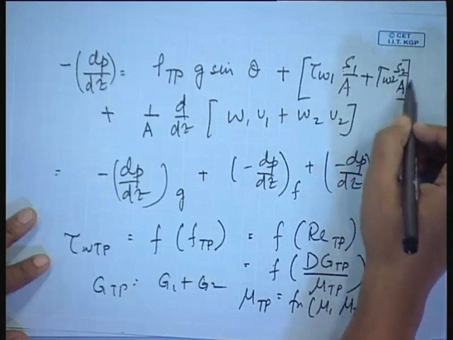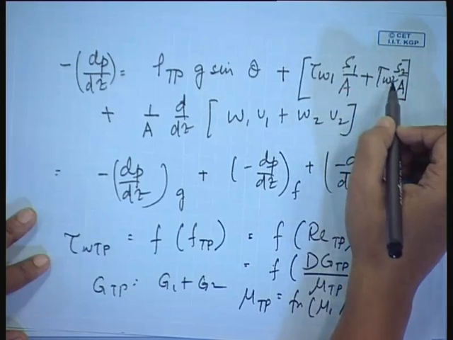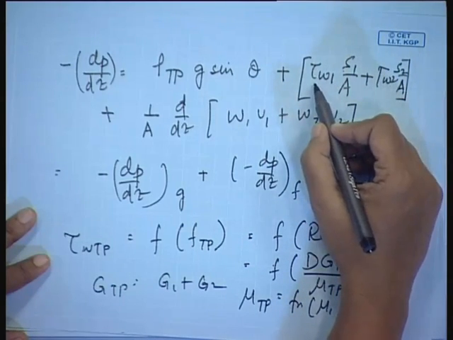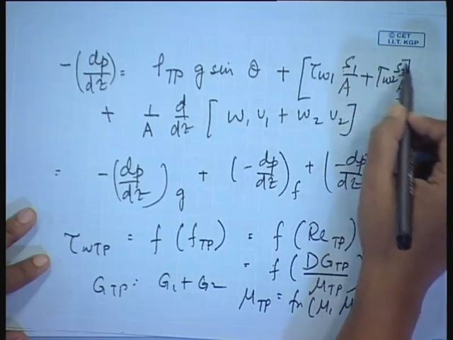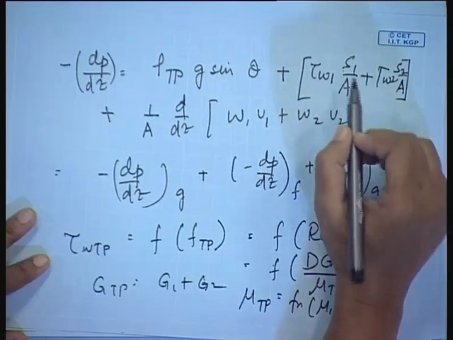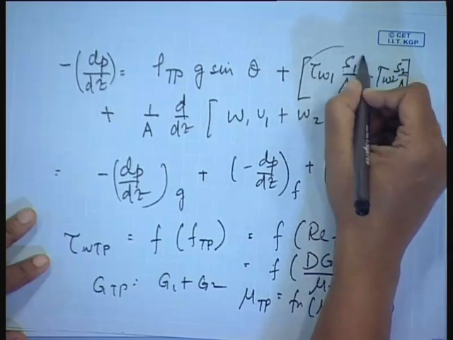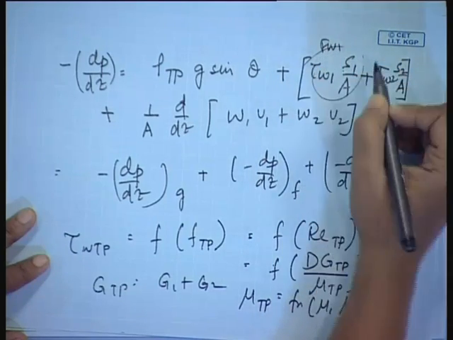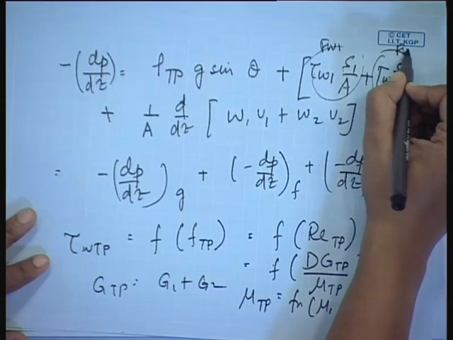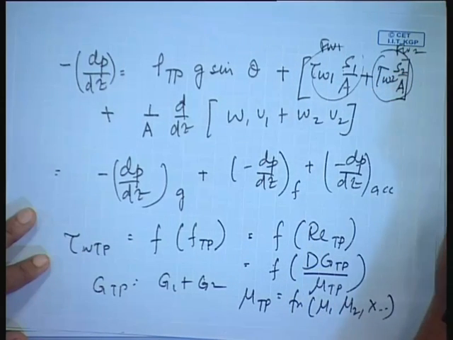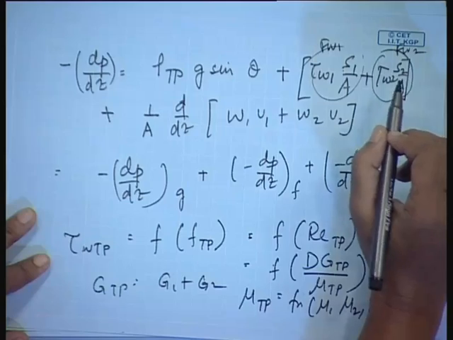Therefore, some particular device has to be found. We have to know either tau W1, tau W2, S1, S2, or maybe we can combine it in some way. We can assume this to be FW1, the interaction of phase 1 with the wall, this as FW2, and then we have to do something to find out FW1, FW2.